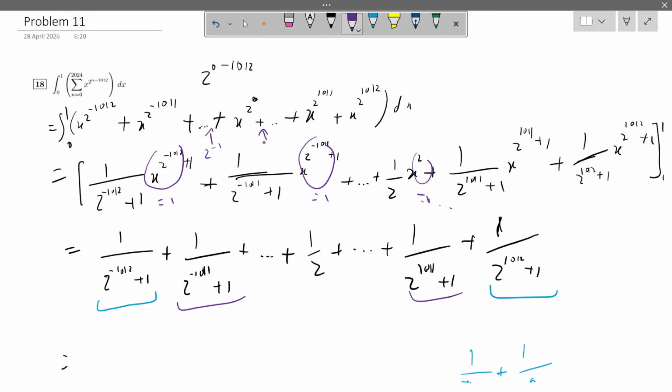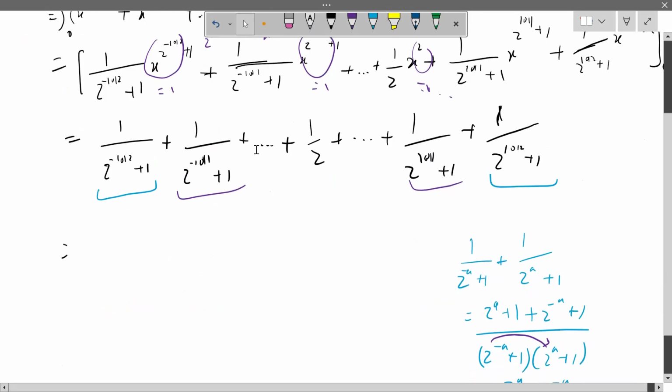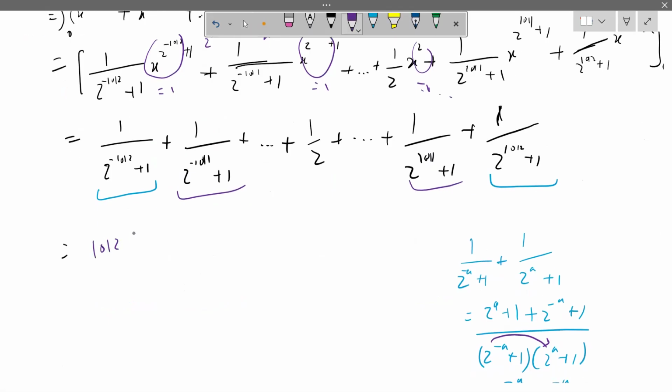Same goes here: this is going to be x to the power of 2 to the power of 1. So there are 1012 terms to the left and 1012 terms to the right. So you would have 1012 pairs, which evaluate to 1, plus the middle term, which is 1/2. So this evaluates to 2025 over 2.